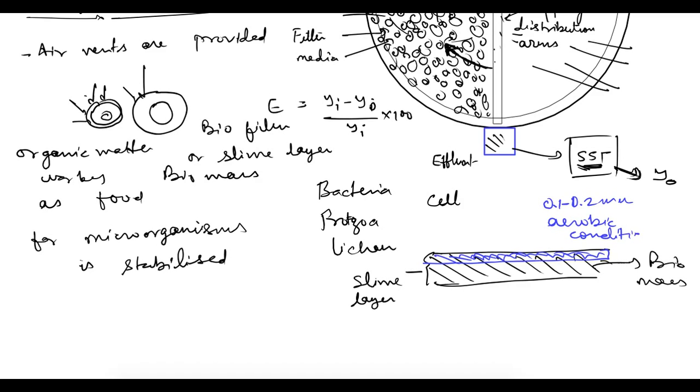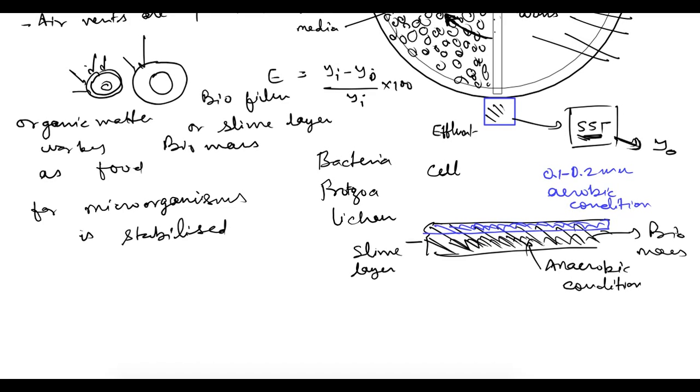and the rest of the slime layer below is in anaerobic condition, because oxygen does not reach up to this part. And why it does not reach, let's understand that.